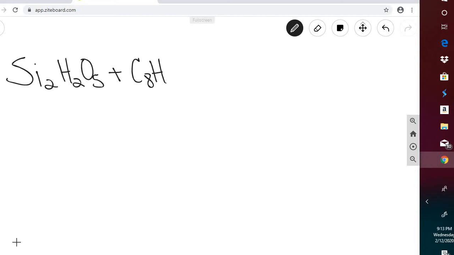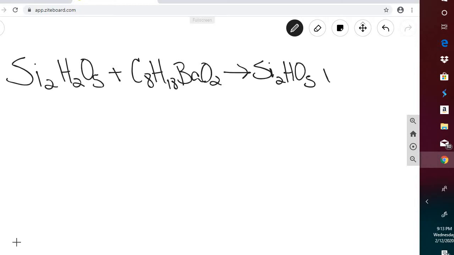And then the second one for number 1 is this. Okay, so again, looking to see what happens to the hydrogen ions.